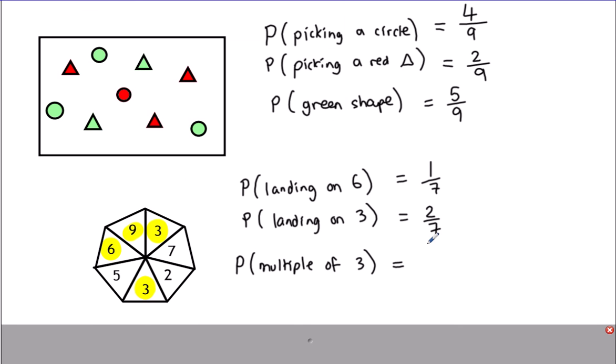So my probability would be 4 out of 7. The probability of me not getting a multiple of 3 would be 3 out of 7. The chance of me landing on something that's not in the 3 times table would be 3 out of 7. And of course, between them they make 7 out of 7, which is 1.